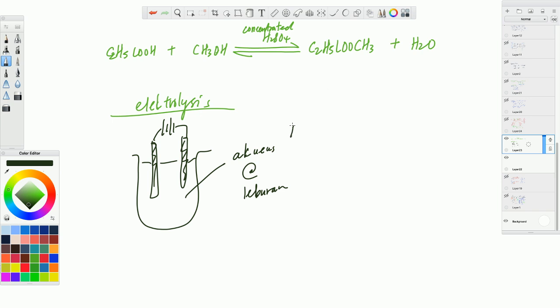Contohnya aqueous natrium chlorida, larutan aqueous copper(II) sulfat, atau leburan, you can put leburan PbBr2. Asalkan dia boleh mengalirkan arus elektrik, dia ialah elektrolit. Okay? Can I have another question?